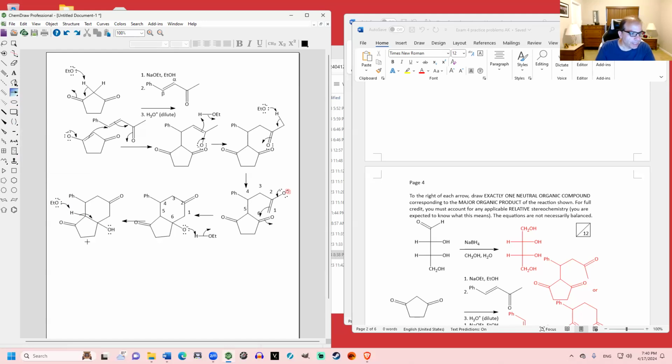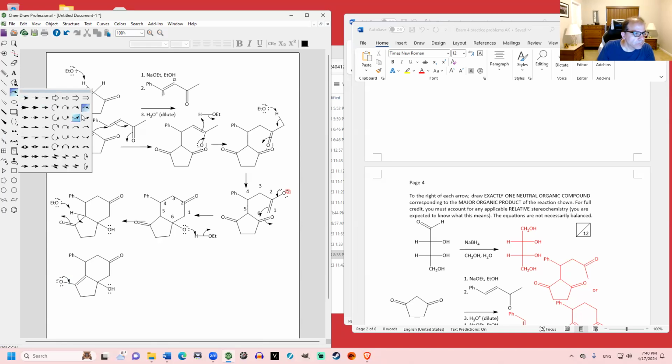Oops, what am I doing? It is not an E2 reaction. It's an E1CB reaction. And then we lose hydroxide.